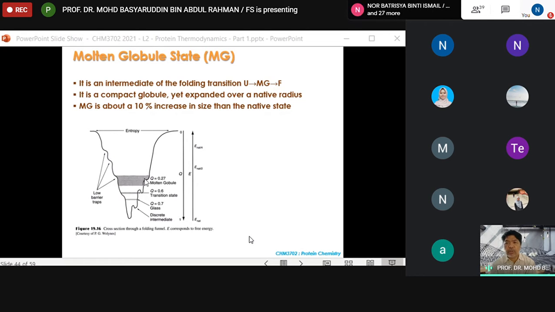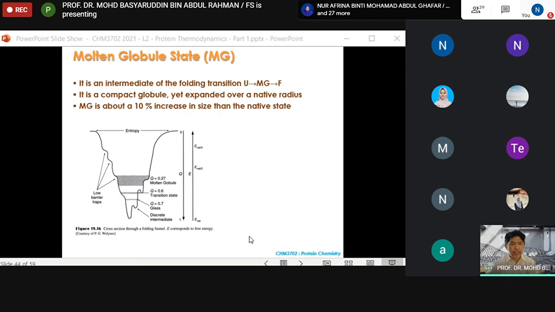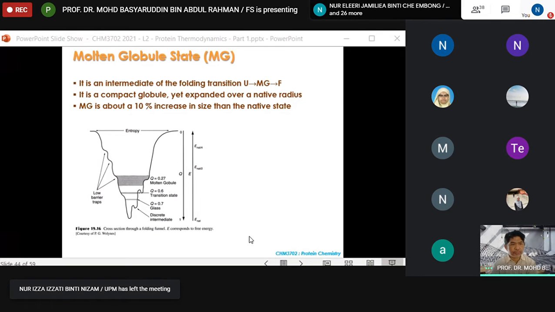When we talk about the size, it's actually about 10% bigger compared to the native state. It is a compact globule, yet expanded over the native radius. So, what else do you need to know about this molten globule? The interest in understanding protein folding intermediates always lies in their significance to the protein folding pathway.